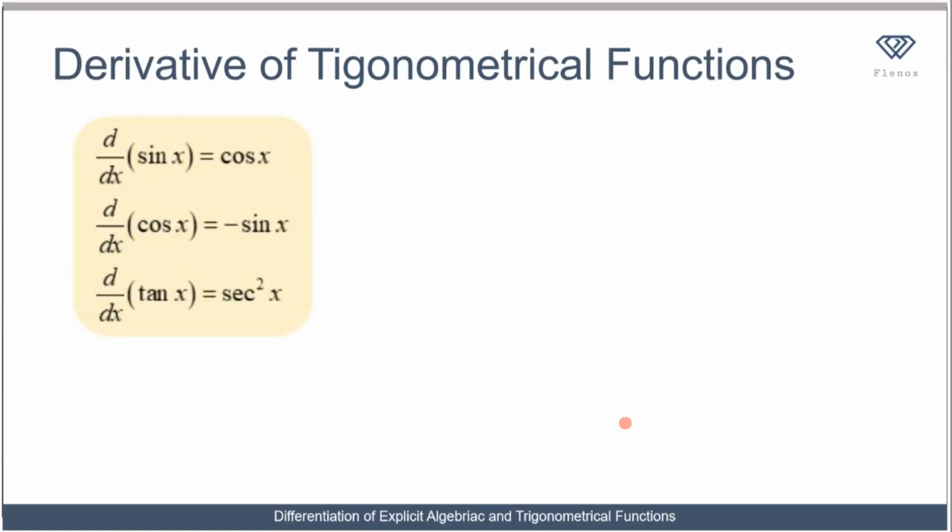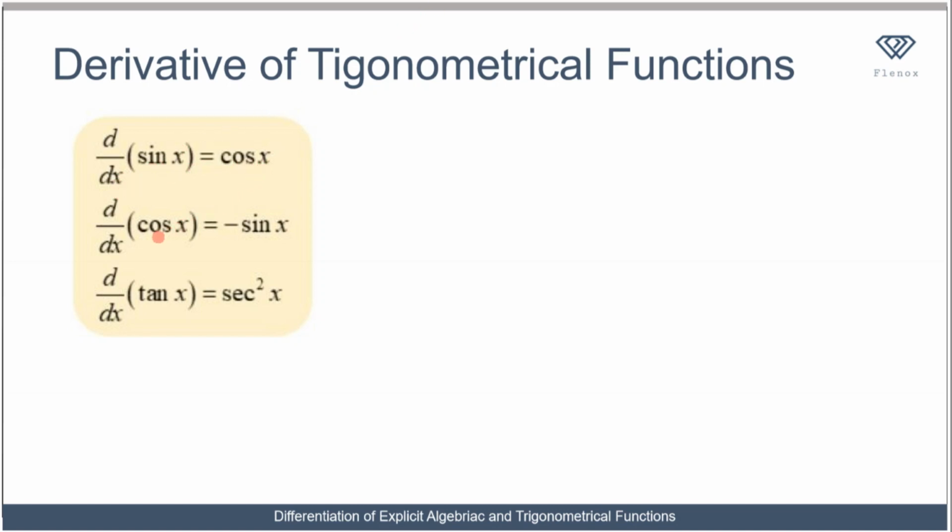So now we are going to be looking at the derivative of trigonometrical functions, and I should mention that for the purposes of JAMB we are only going to be looking at three functions: the sine, the cosine and the tangent. So you should try to memorize this, that when you differentiate sine x with respect to x, you get cos x.